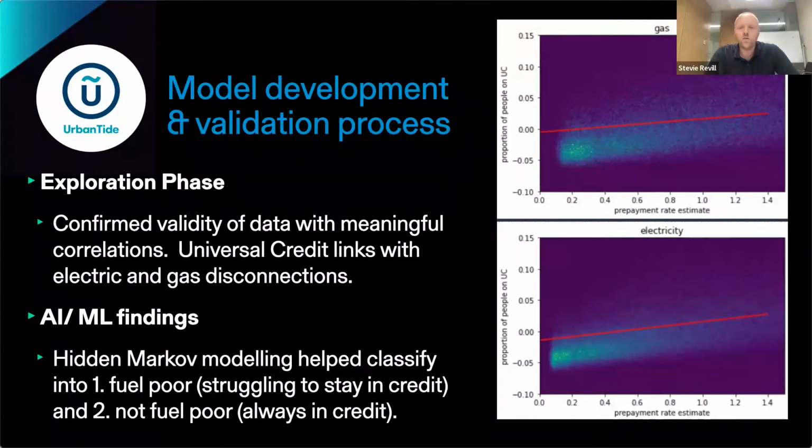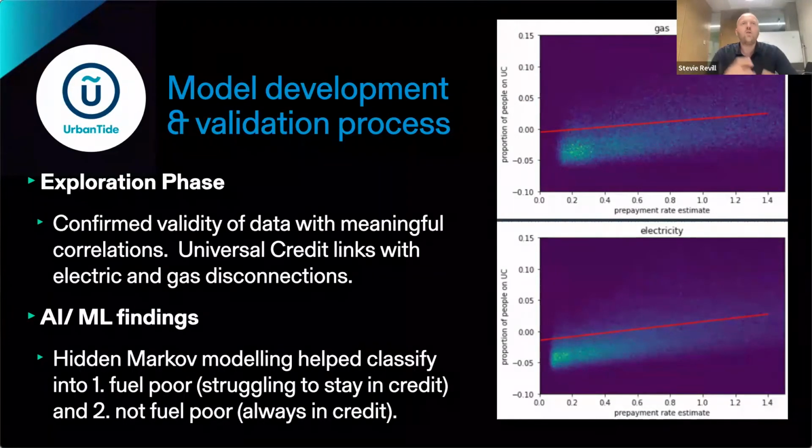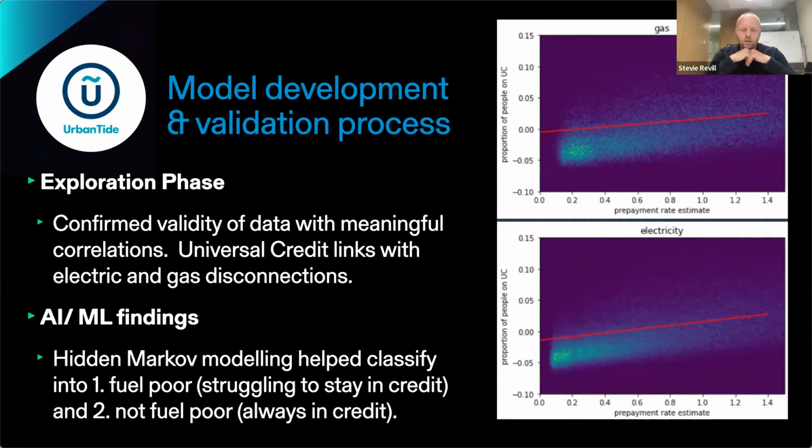Similarly, as universal credit goes up across the country, we can also see electric and gas disconnections go up as well. Electric has got a bit of a stronger correlation than gas. So you're understanding the real world context within that data set. And then also we saw that the number of messages hints at prepayment disconnections as well. So understanding it makes sense.